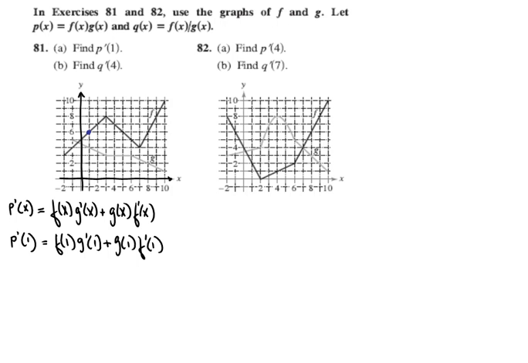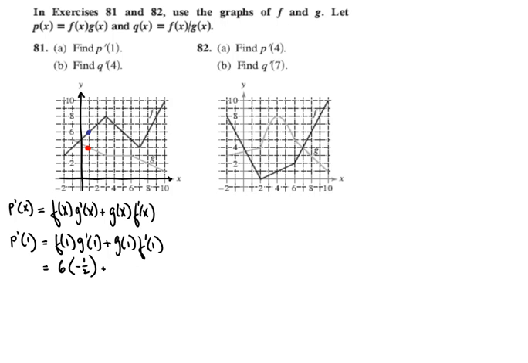F of 1 is just the value of the f function when x is equal to 1, and in this graph it's 6. G prime of 1 is the slope of the line g at the point when x is equal to 1. And at that point, the slope is down 1 over 2, so it's negative 1/2.